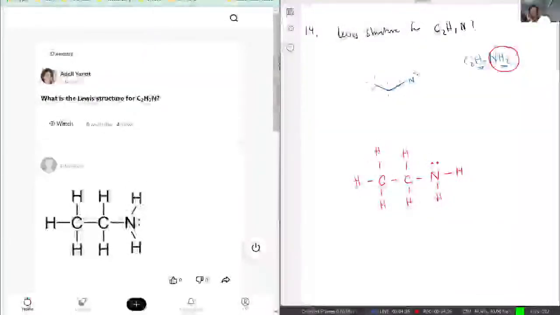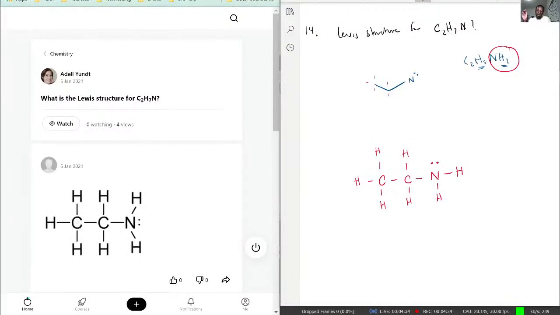Now we can do a few things to verify whether we have the right structure. First, let's find out if we're using the total amount of electrons properly. Carbon has 4 electrons in its valence shell, so that'll be 8 electrons that carbon contributes. Hydrogen is 1 electron each, so that'll be 7. And the nitrogen is 5.